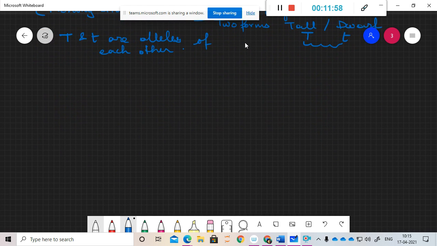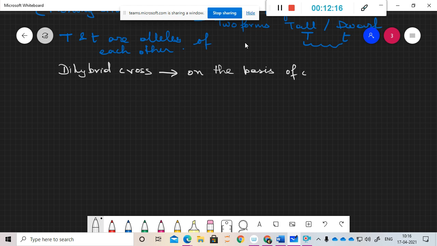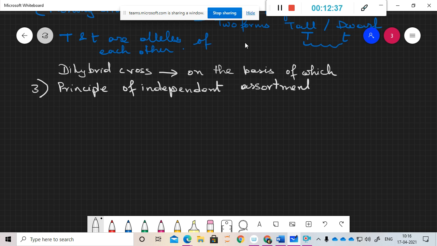In the next cross, Mendel performed a dihybrid cross, on the basis of which he gave the third principle known as the principle of independent assortment.